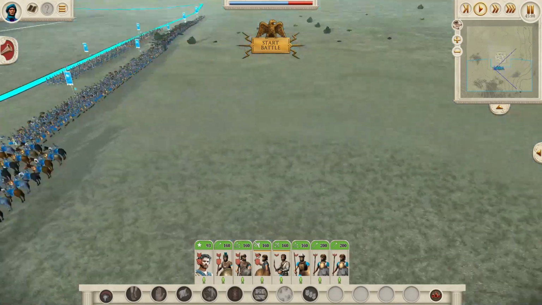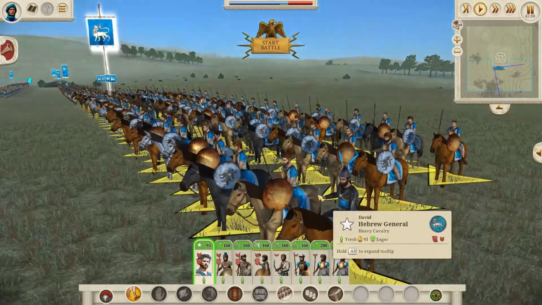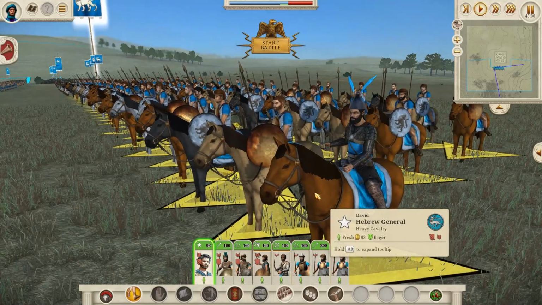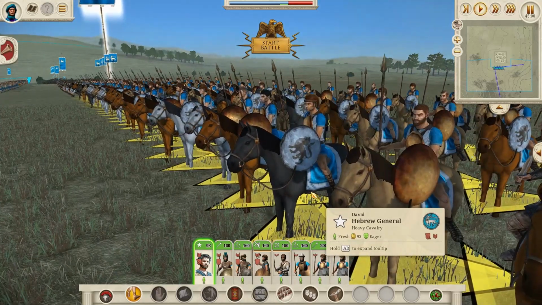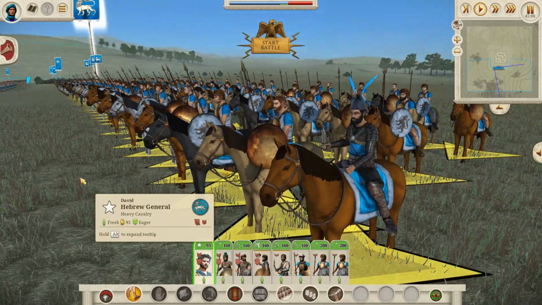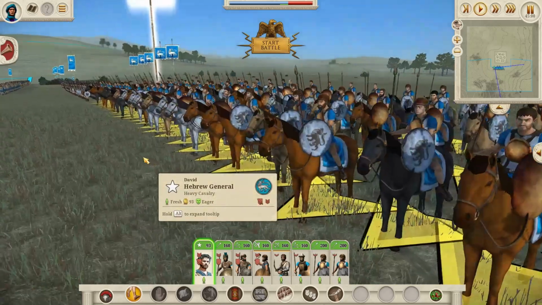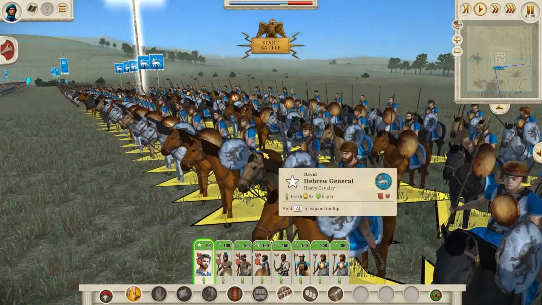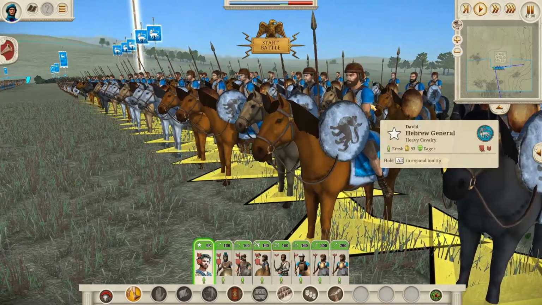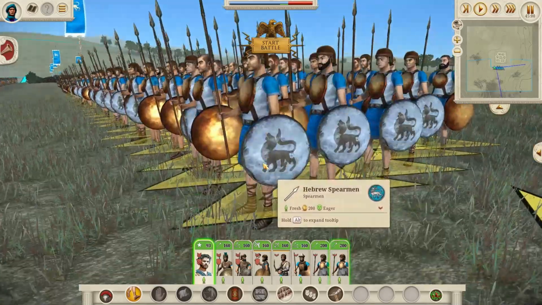Okay, so here we are on the battlefield, and let's show off some of these new units. So we've got Hebrew General right here, and look, these settings are actually on medium to low because I'm running this on a pretty poor system, but everything looks pretty nice, pretty unique, and of course it utilizes Rome Remastered's unit variety mechanics with the different faces and ethnicities.